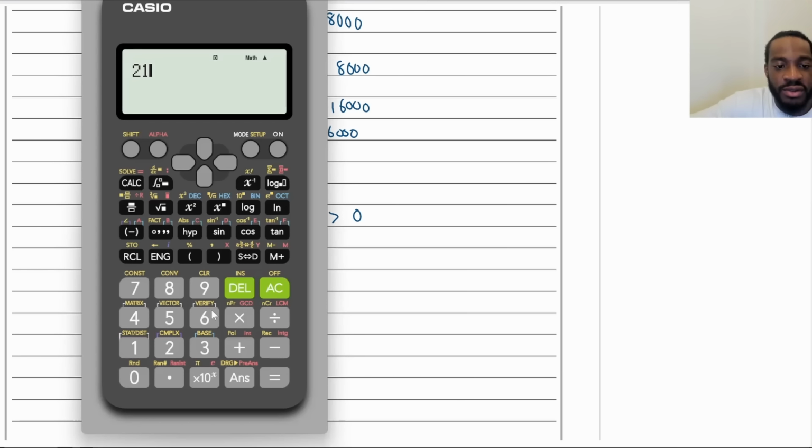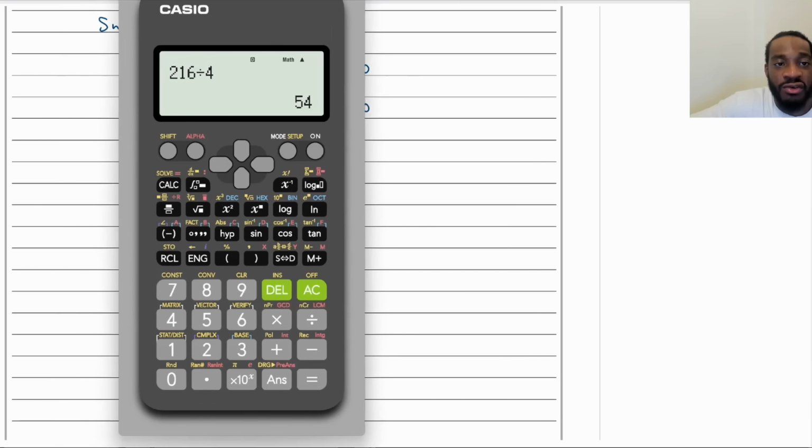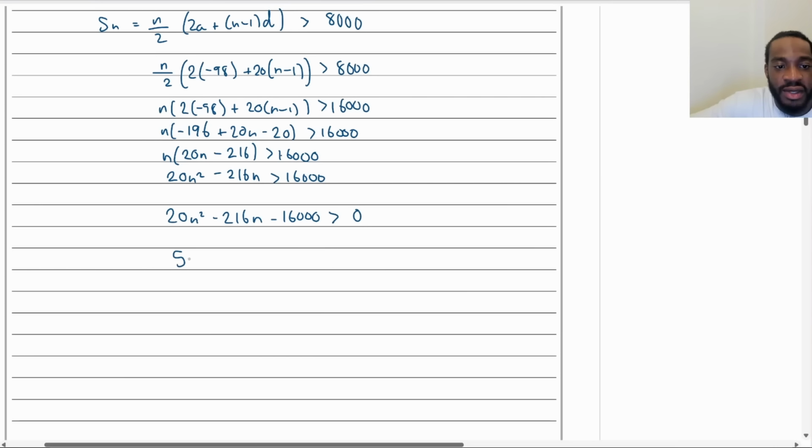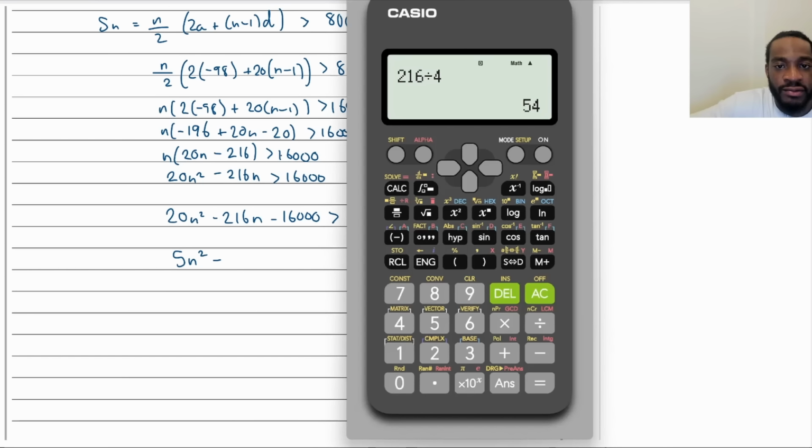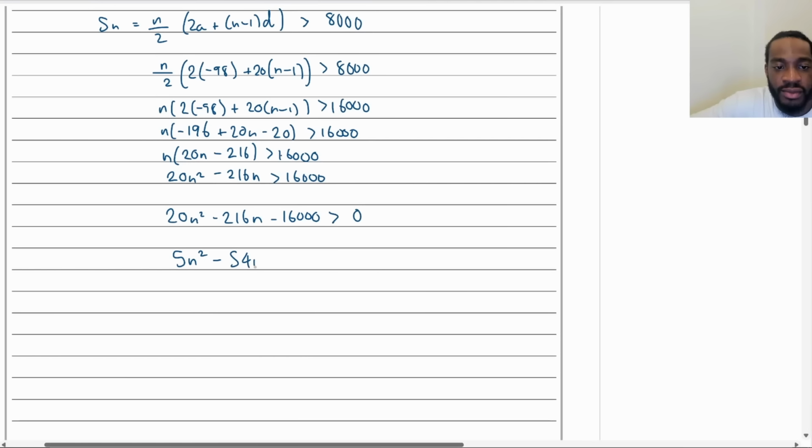What's 216 over 20? It's not 10 either. 4. And divide by 4. That will give us 5n squared minus 54n. And then that one, if I divide that by 4, would just be 4,000, isn't it? I don't think we can go any lower than that.